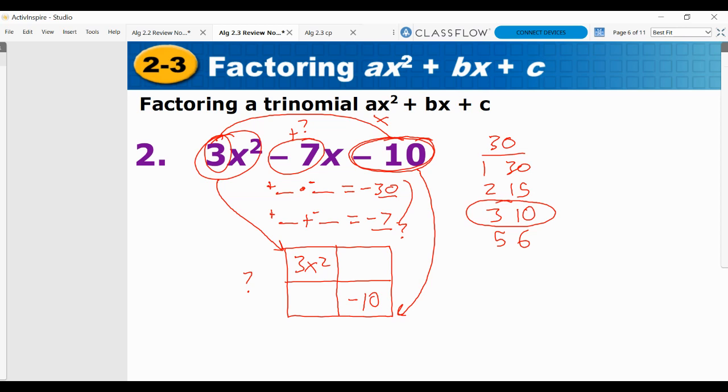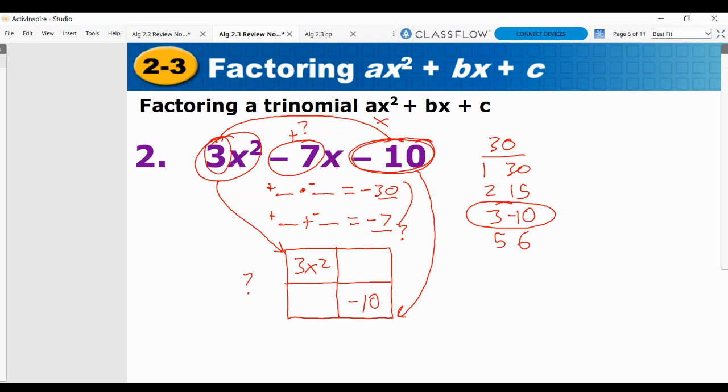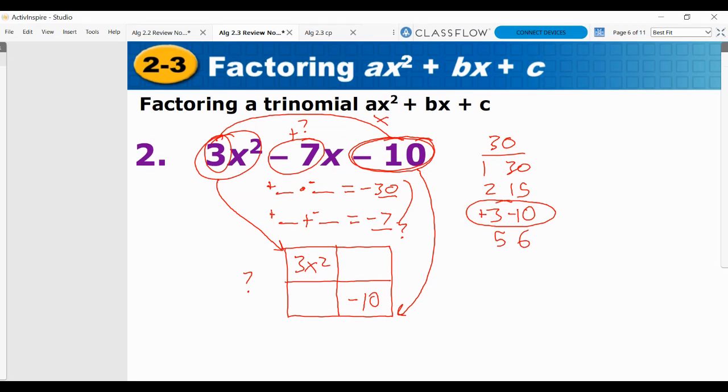And our two that are going to work are these right here. We're going to have the 10 be negative and the 3 be positive. Because if you think about it, positive 3 and negative 10 together are going to get you negative 7, and they're both together going to make negative 30 when you multiply. So those are the two numbers we need.